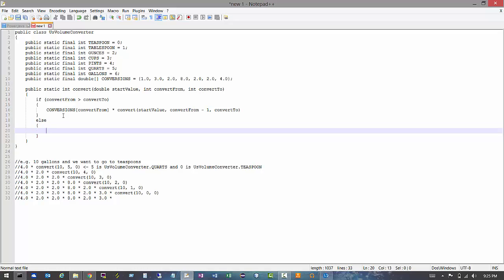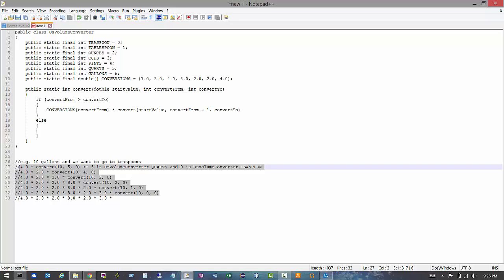But the else case, you know, may at some point make you think a little bit. Is it 1? Do I want that unity factor? But when you look at this expansion down here, one of the things you'll notice is that the 10 starting value is still not in the equation.